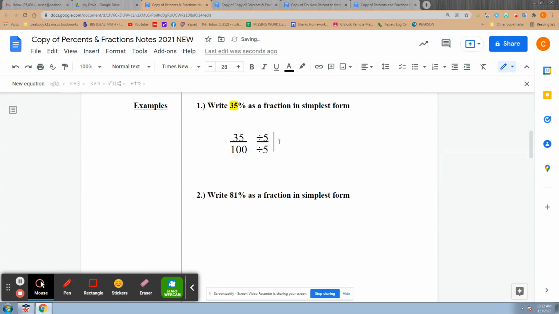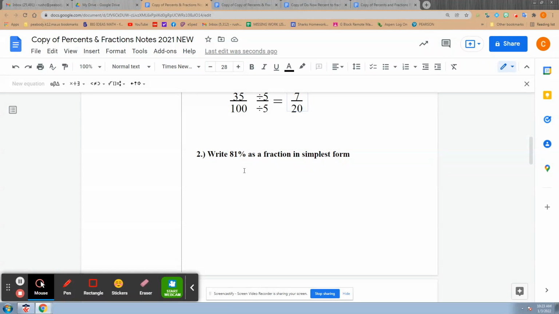If we do that, we get a new fraction: 35 divided by 5 is 7, and 100 divided by 5 is 20. So 35 over 100 is correct, but if I asked you to simplify it like on a test, to get full credit, you would need to show 7 over 20 as well. All right, awesome. Let's do the next one.